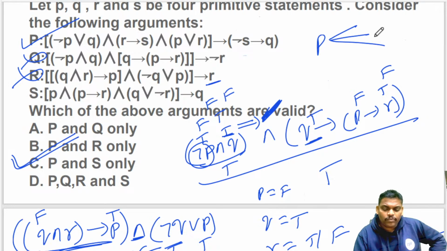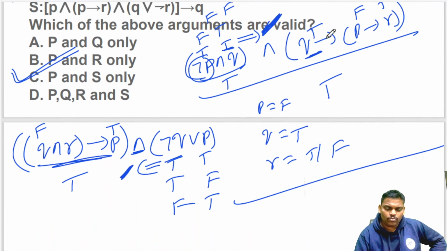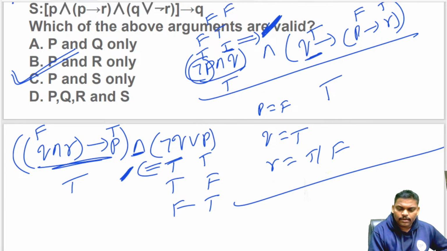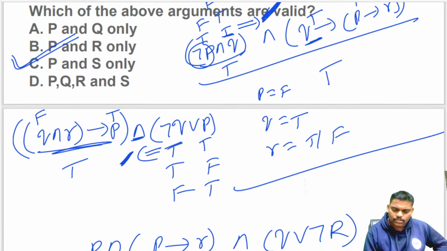If you want, you can go for S also. Only for namesake I am doing S. P and P implies R, and Q, R, negation R. So let's see.